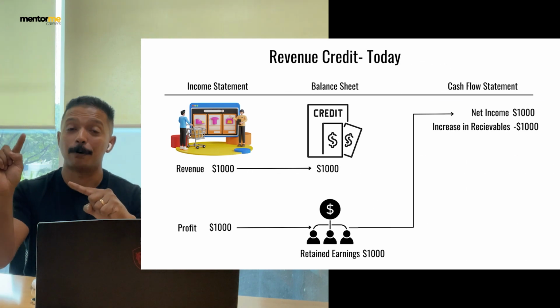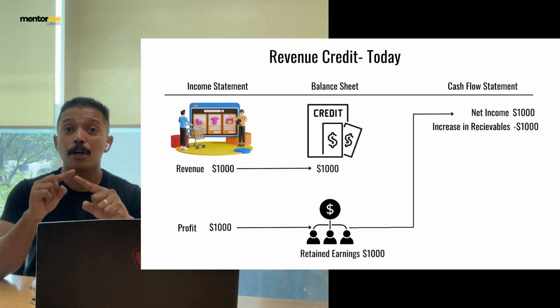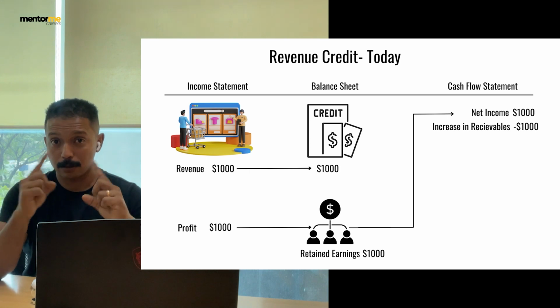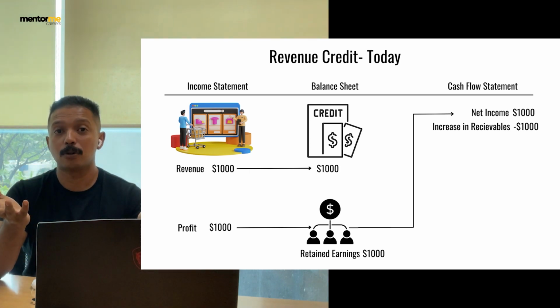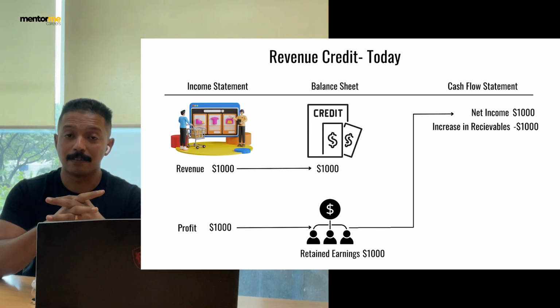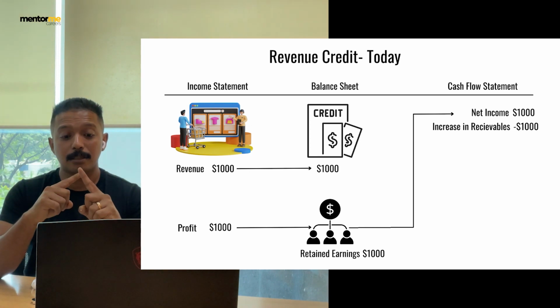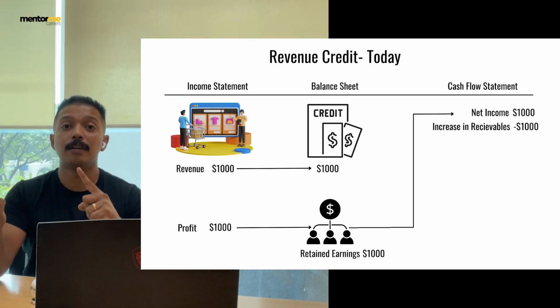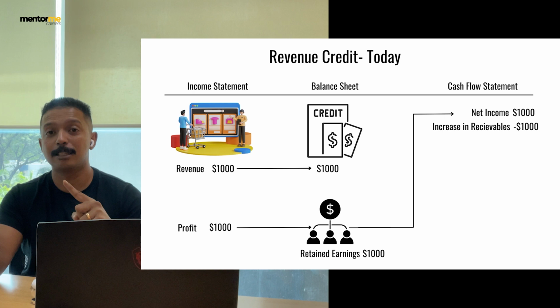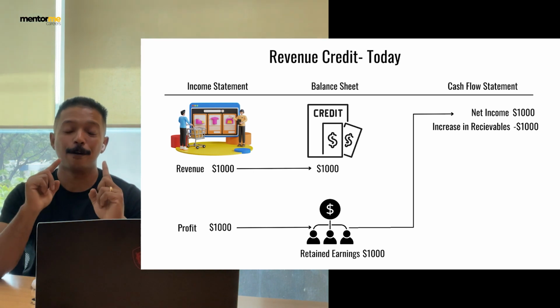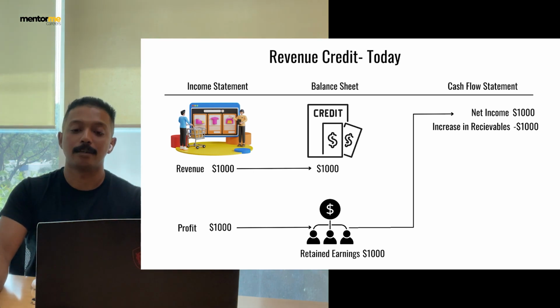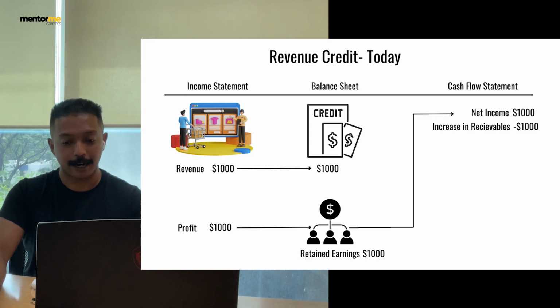Although your net income is $1,000, since your receivables increased by $1,000, because you actually did not receive the $1,000 in cash, you received it on credit, that means negative $1,000. So in net, you've actually not made any operating cash flows, right?